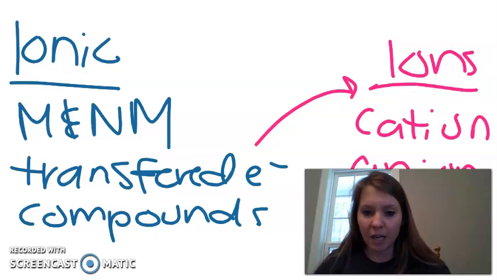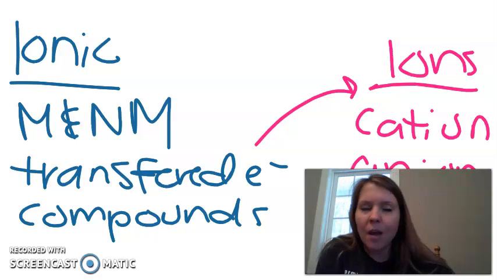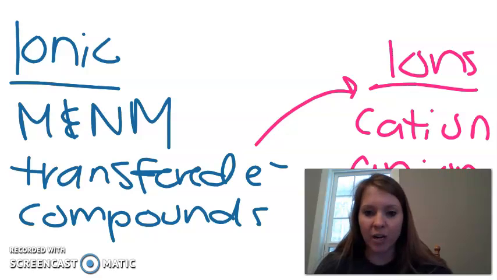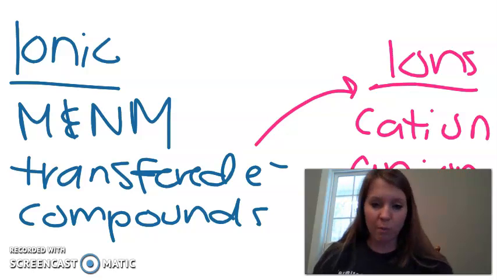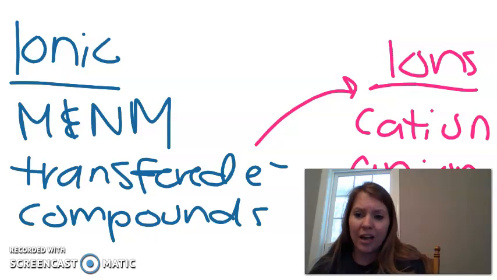So they're trying to get that 8, unless it's helium or hydrogen, and then they're just trying to seek the 2, because remember, they only have one shell, one energy level. So, super quick recap, because today we're talking about covalent bonds.